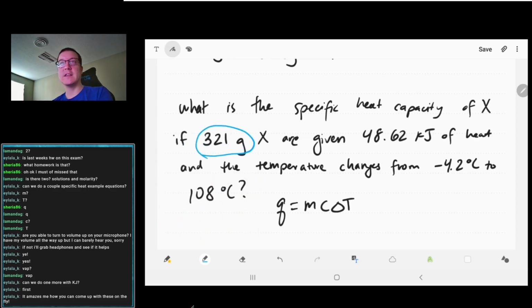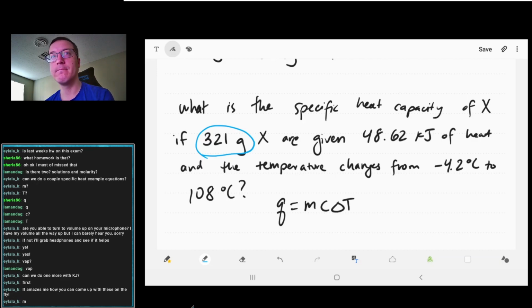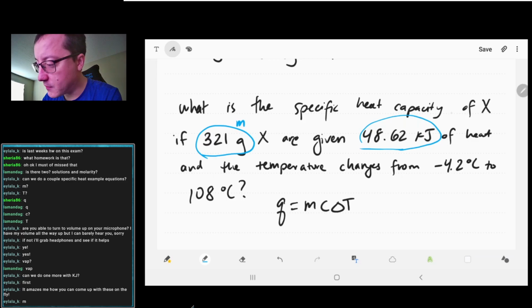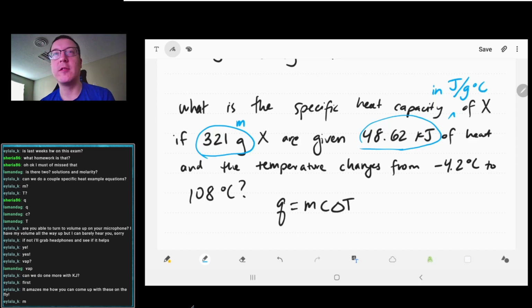What letter does this one represent? Yeah, that's mass. How about this one? I should adjust this just so we have our units there.